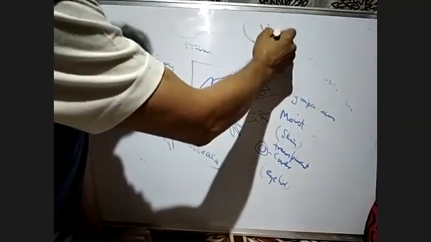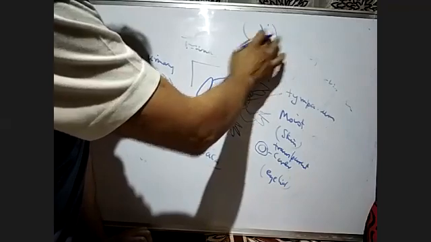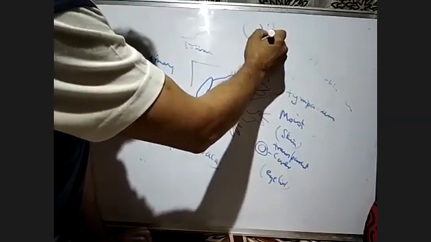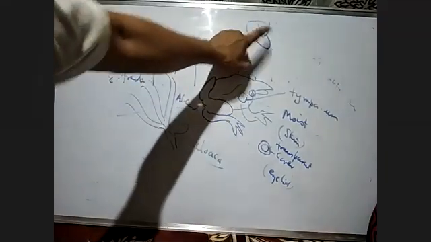So they have two auricles and one ventricle. The heart is divided into three chambers.